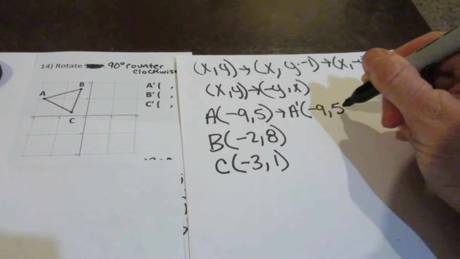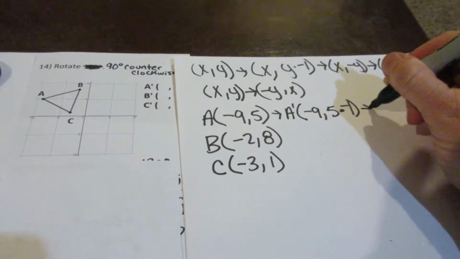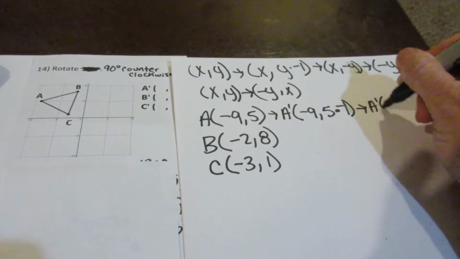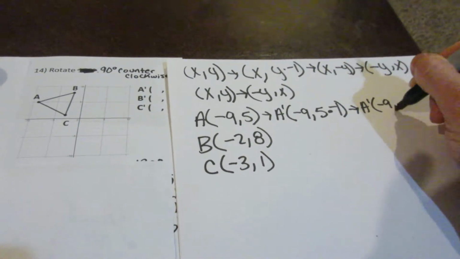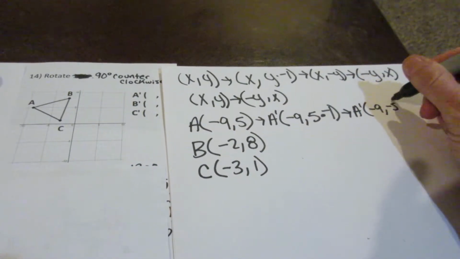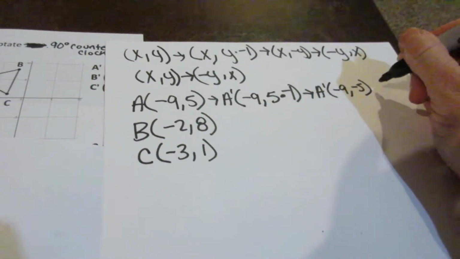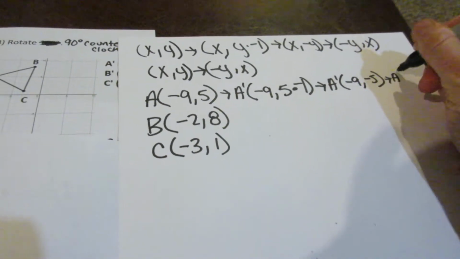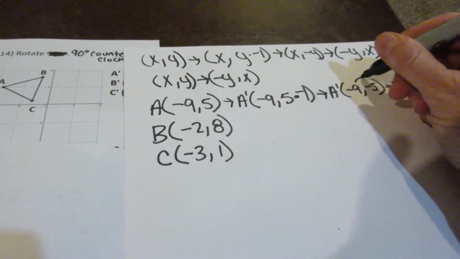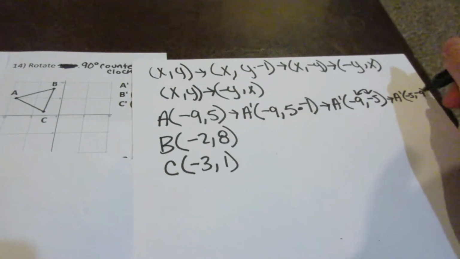So it's x and y times -1, which will turn into x is -9 and 5 times -1 is -5. And then our final step is going to be to switch these two coordinates. And that's going to give us (-5, -9).